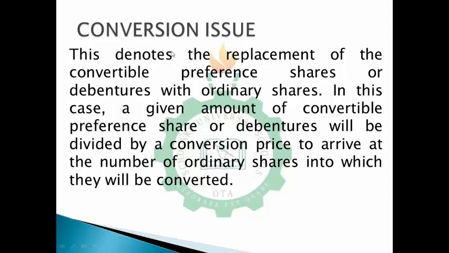That is the replacement of convertible preference shares or debenture with ordinary shares. So whenever there is a replacement from debenture to ordinary shares or preference shares to ordinary shares, we call that process conversion issue. And in this case, a given amount of convertible preference shares or debenture will be divided by a conversion price to arrive at the number of ordinary shares into which they will be converted.